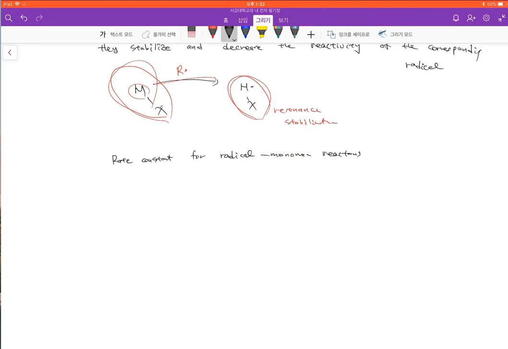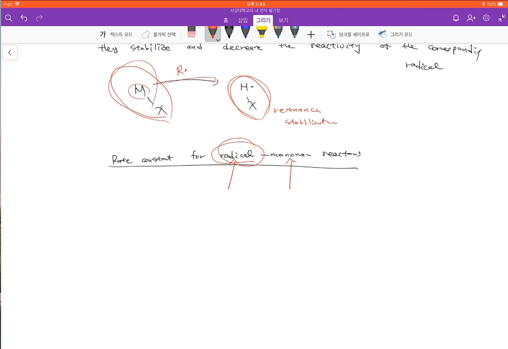It's much smaller difference. So what you have just seen is the effect of different substituents on radical reactivity and monomer reactivity, which is given as the rate constant, how fast the reaction is.